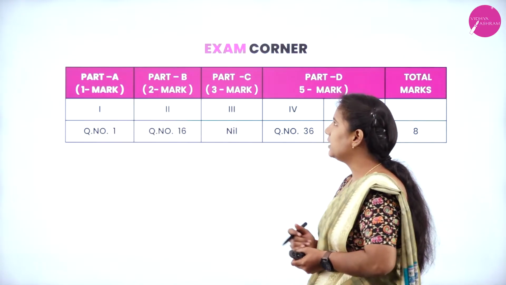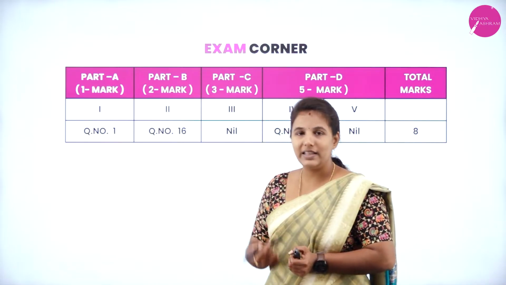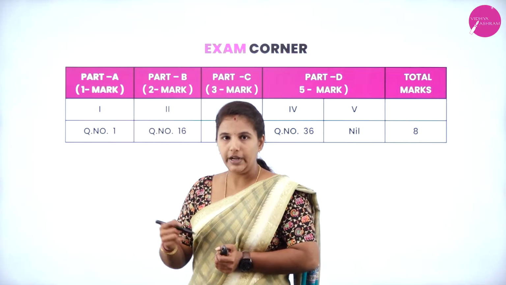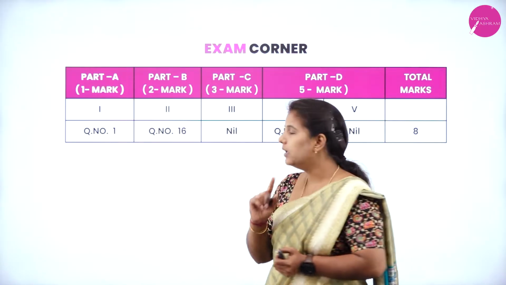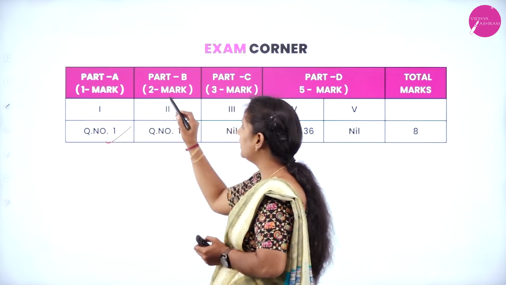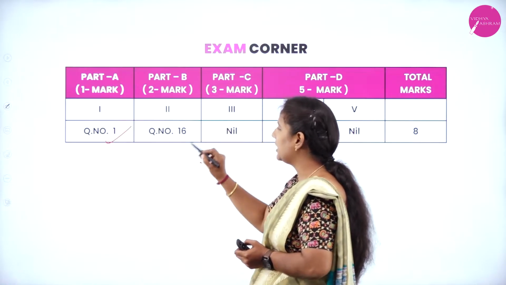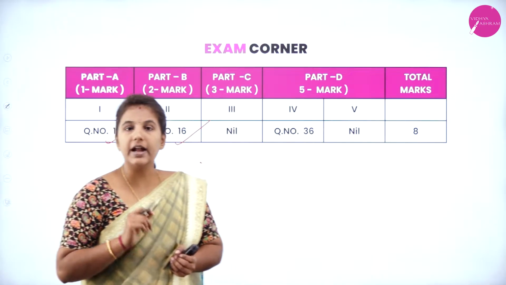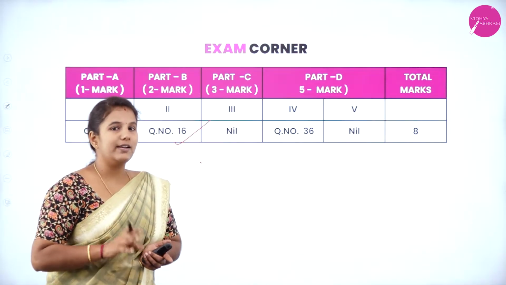First I'll go with the first unit weightage. In part A we can expect the first question from this unit, the solid state. So in part A question number 1 will come from this unit. Even in part B question number 16 will come from this unit. Hope you know that in part A there are 15 questions, and you need to attend only 10.